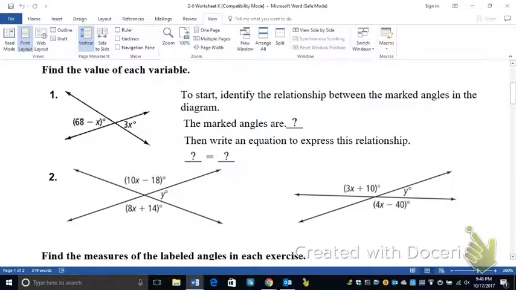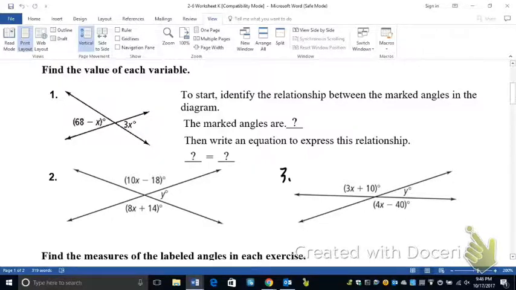So 1, 2, and 3, and I know there's no 3 on there, but we can just put it right there. We are asked to find the value of the variables. Now, number 1 has just one variable, x. Number 2 and number 3 have x and y.